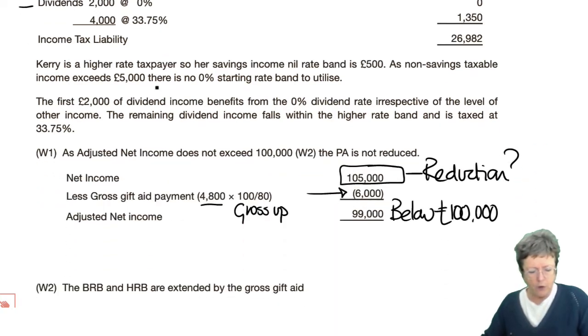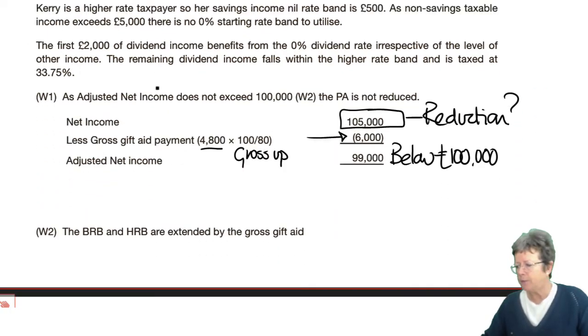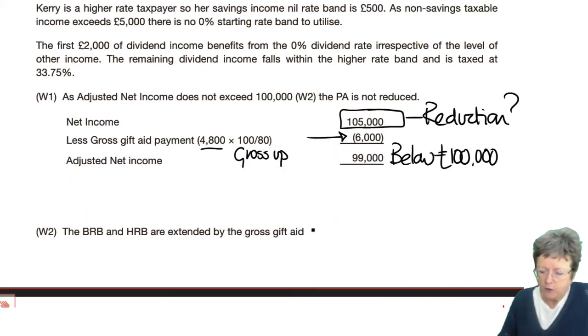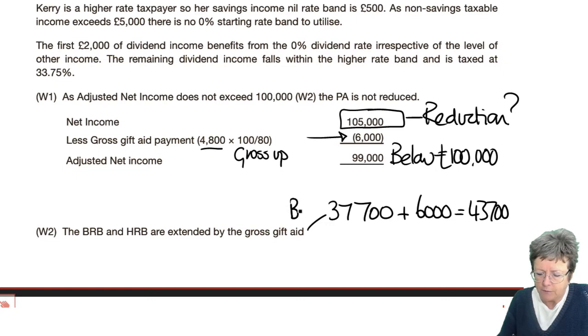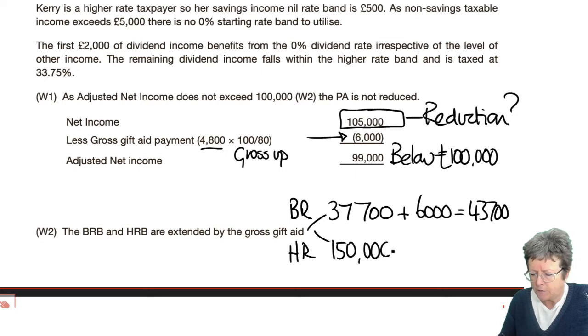Go and work out the extension of the basic rate bands. So we're looking here at 37,700 plus 6, which is 43,700. And that's the basic rate. Do them both. High rate is 150,000 plus 6 is 156.